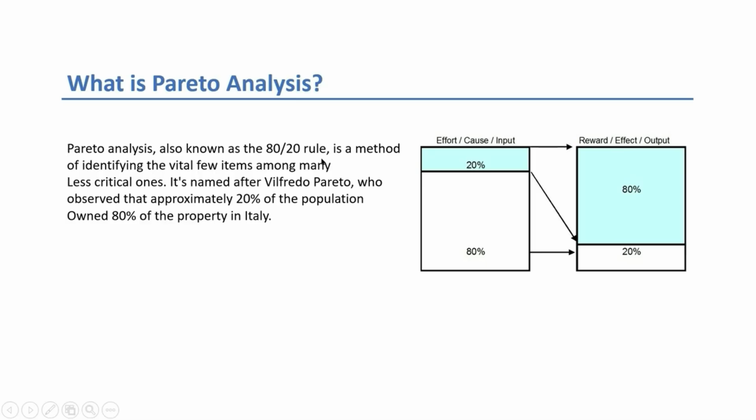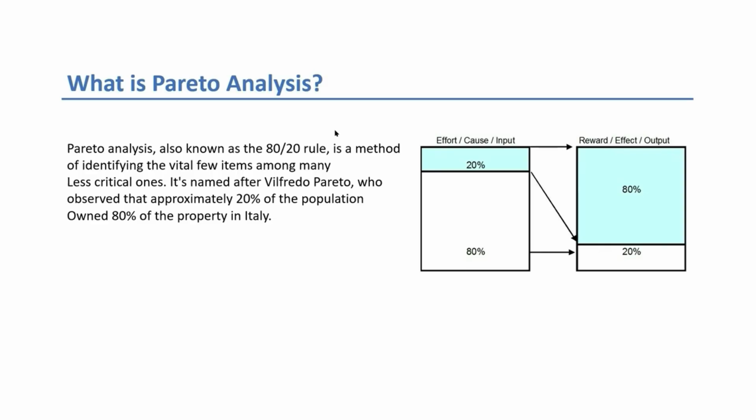Pareto analysis, also known as the 80-20 rule, is a method of identifying the vital few items among the many less critical ones. It is named after Vilfredo Pareto, who observed that approximately 20% of the population owned 80% of the properties in Italy.